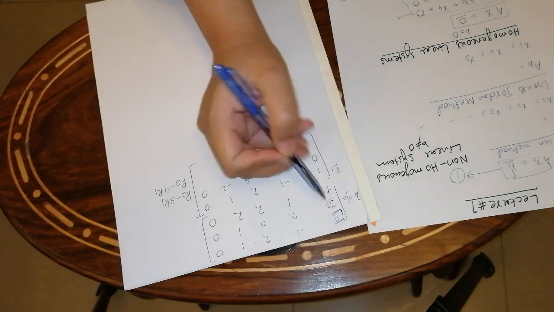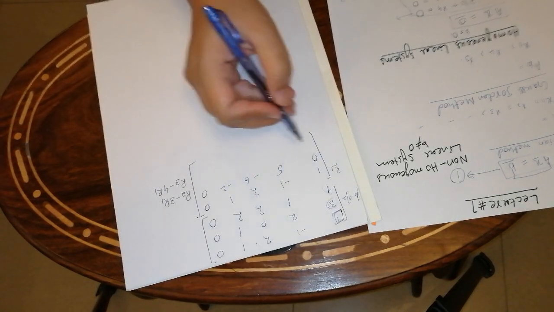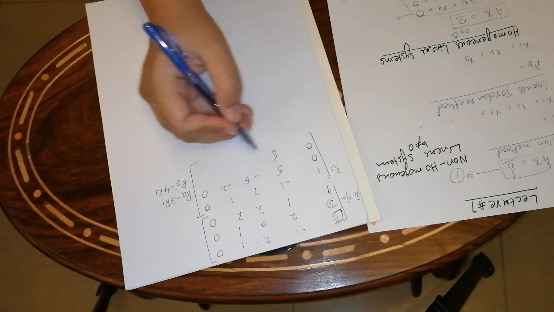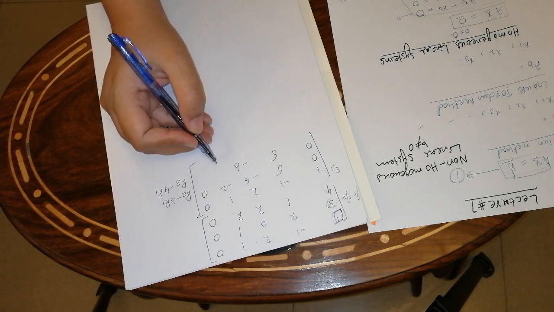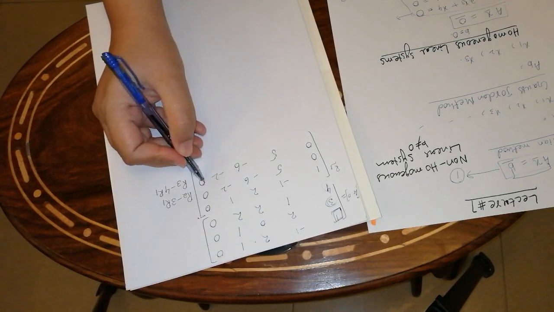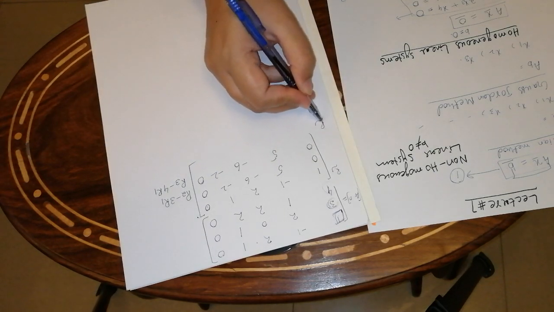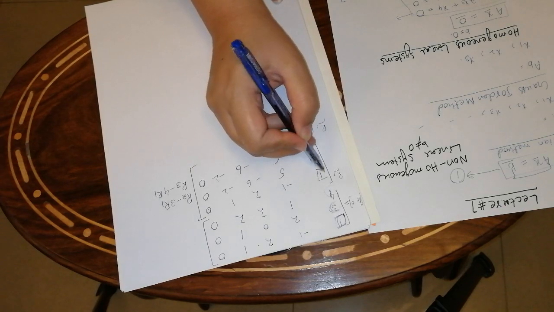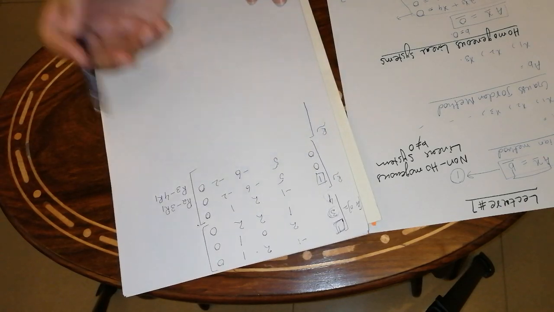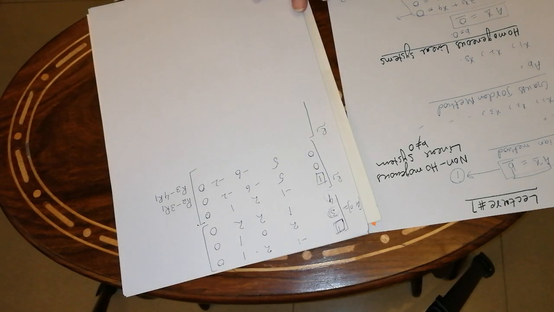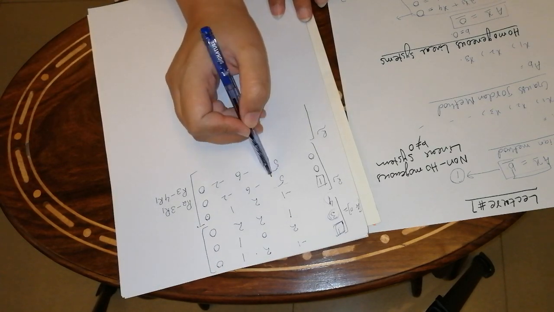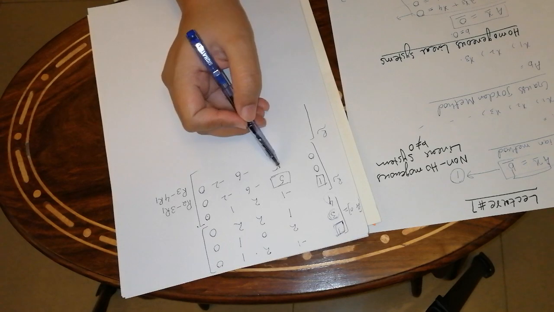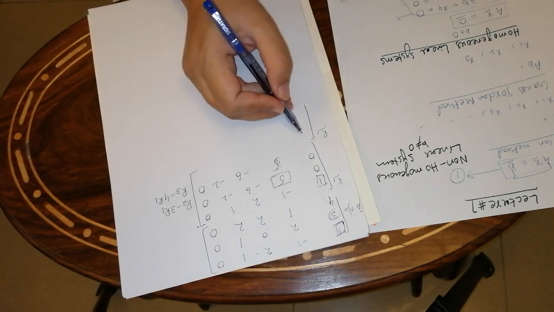We use this pivot to make this entry equal to 0. This side remains 0. So this is the first pivot entry, and we make all the entries below this entry equal to 0. Now our next pivot entry is this 5. We will make the entries below this pivot equal to 0.